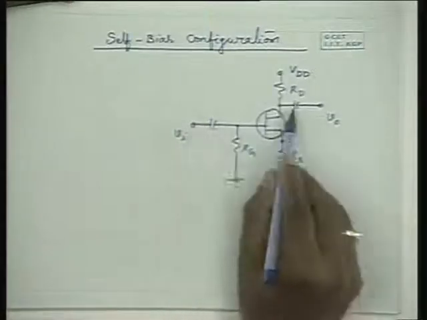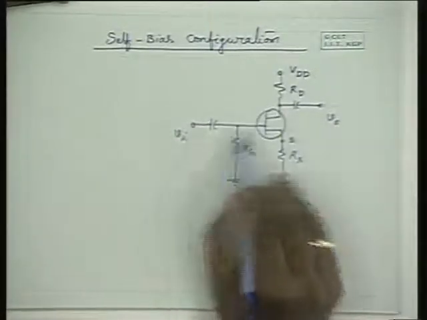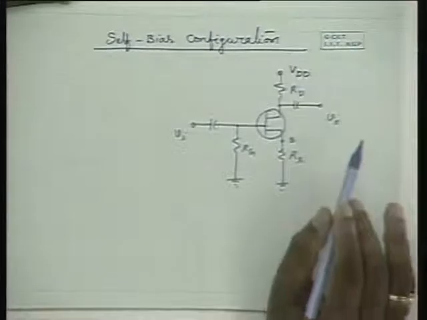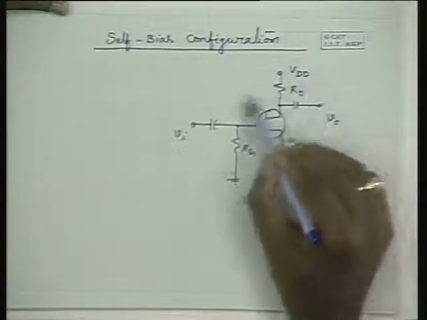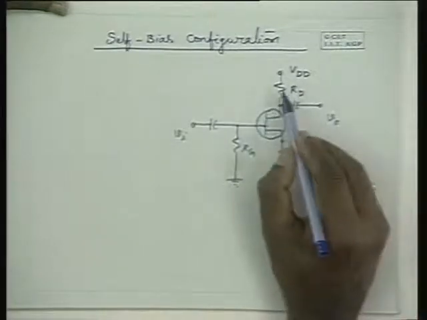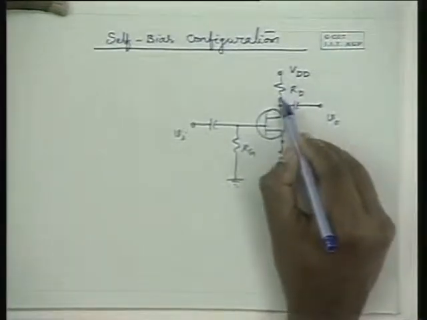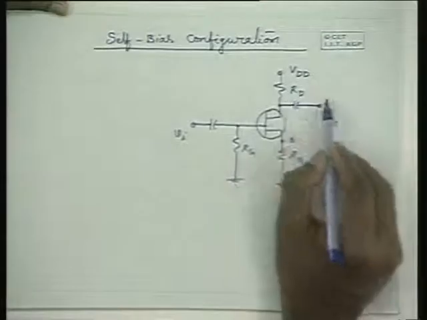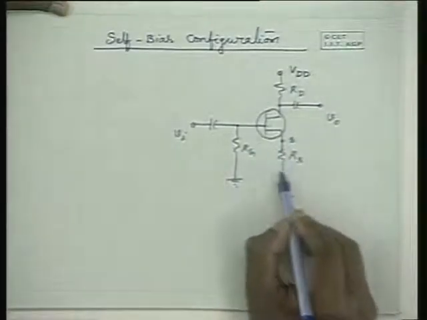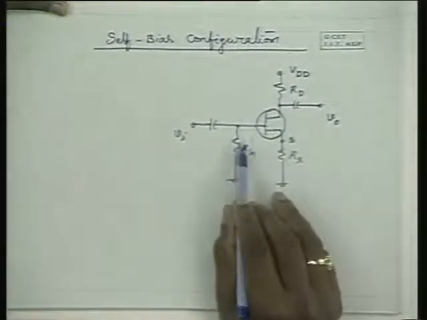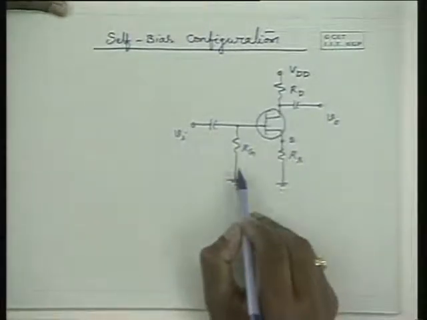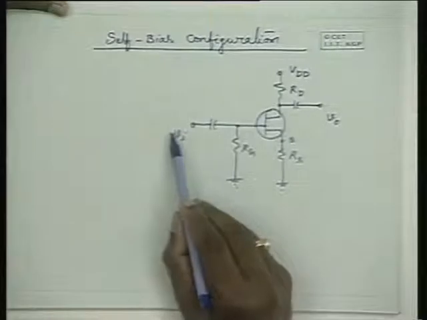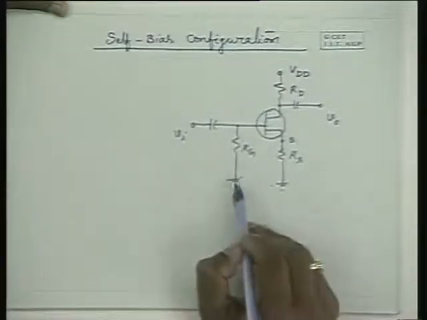And these coupling capacitors are for coupling the alternating signals and to provide DC isolation here also. Other than that, the biasing circuit is as shown here. So this RD is to provide a large signal output, and RS is to provide some gate to source reverse potential, and RG is to avoid shorting of the input signal into the ground.